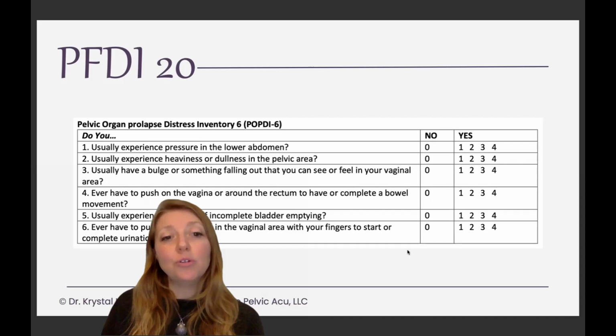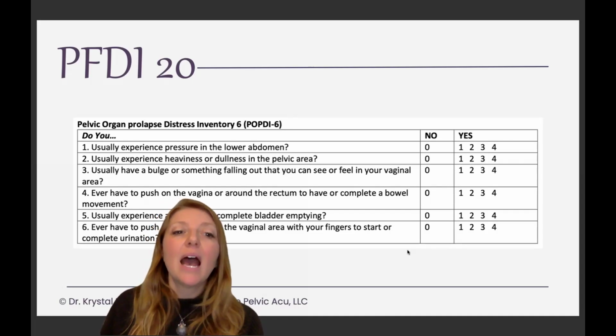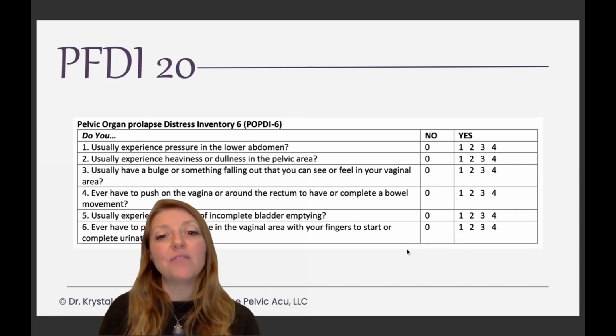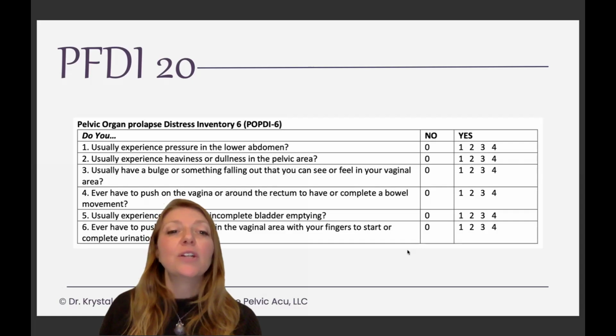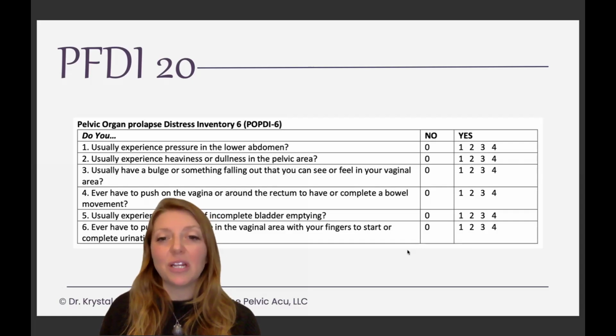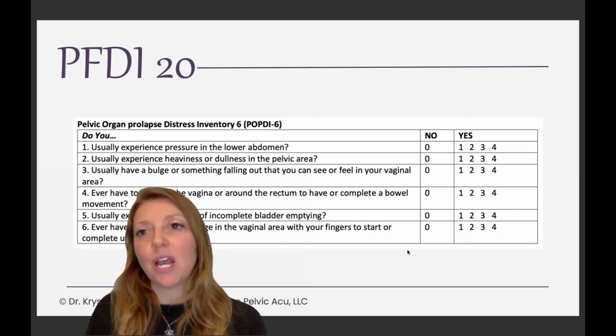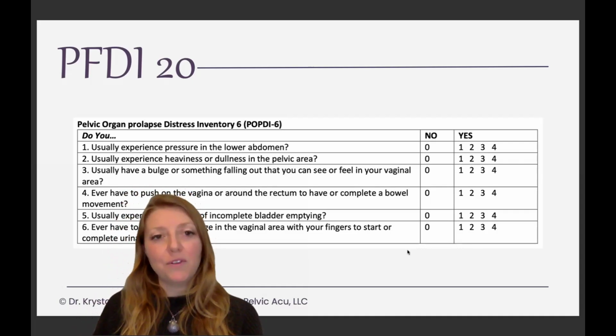Do you usually experience a feeling of incomplete bladder emptying? Do you ever have to push up on a bulge in the vaginal area with your fingers to start or complete urination?